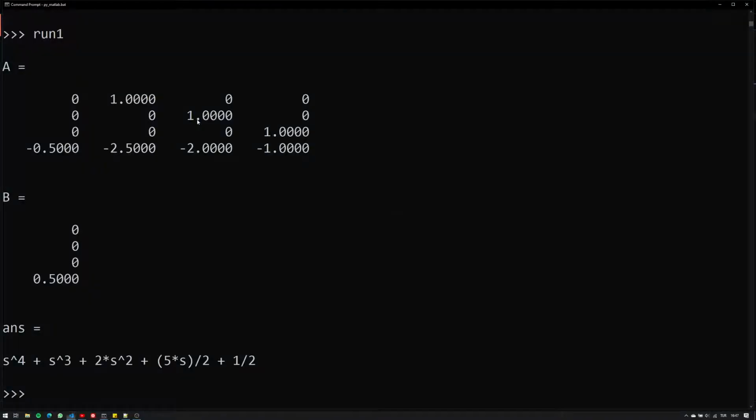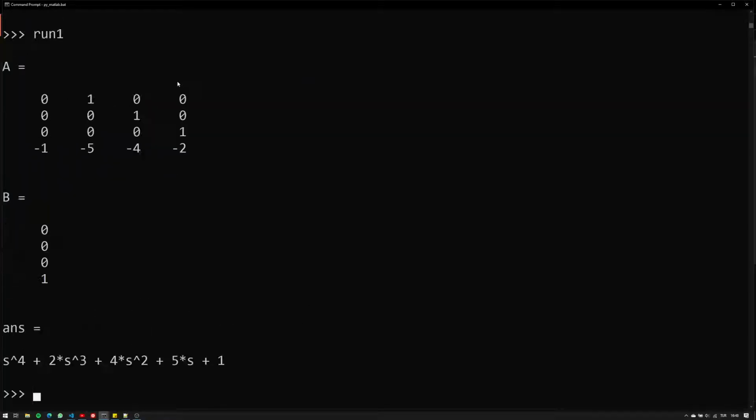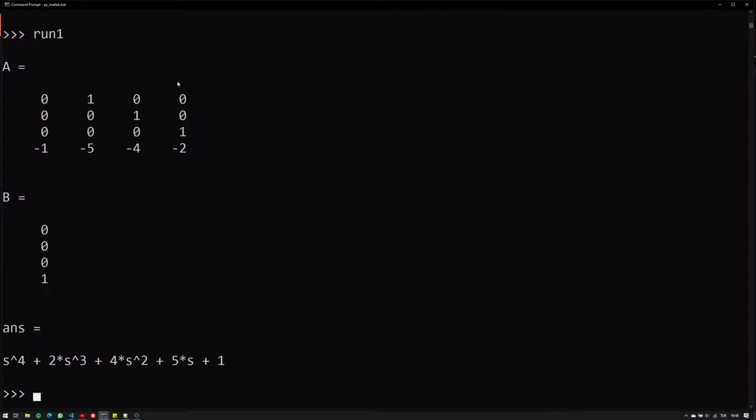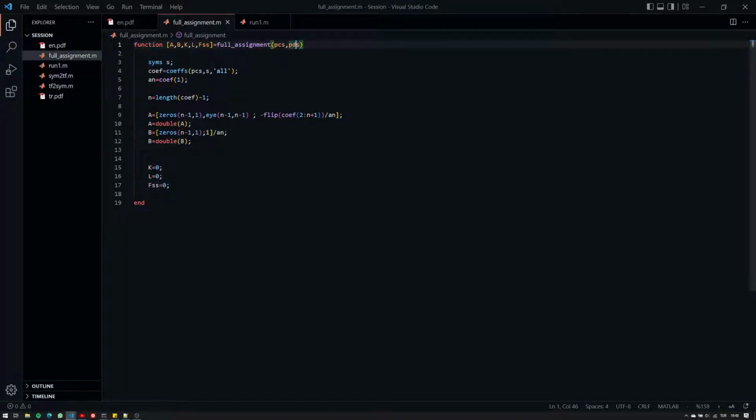Now, we have this 2 term here. So let me just basically check if it's correct. So s to the 4, 2s cubed, 4s squared, 5s plus 1. If we have the highest order term here, we should be dividing by an.